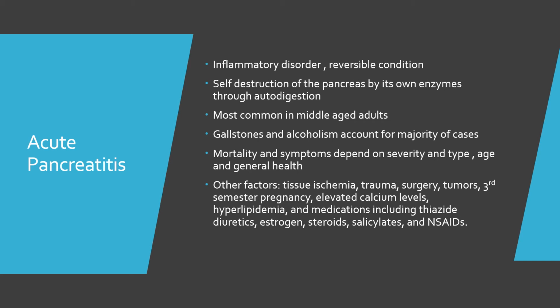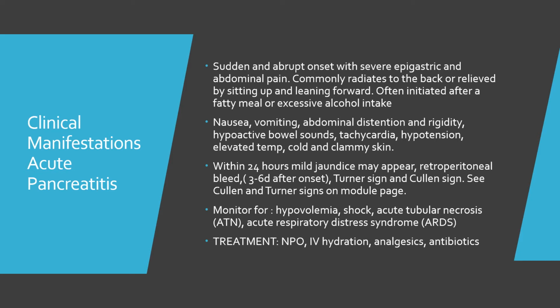Other factors like trauma, surgery, third trimester pregnancy, elevated calcium levels, high levels of lipids in the blood can also contribute to acute pancreatitis. So what do we see in the patient with acute pancreatitis? We see a sudden and abrupt onset of severe epigastric, mid-epigastric, and abdominal pain.